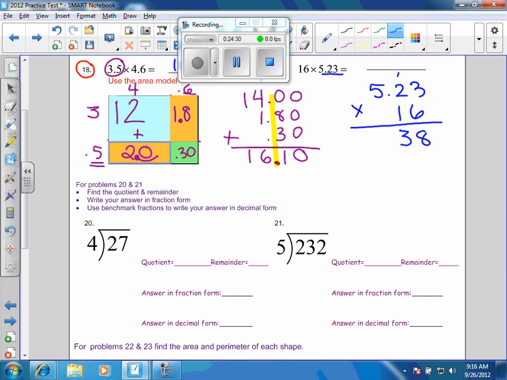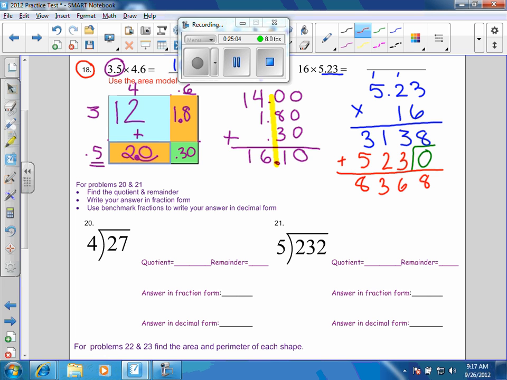That's right. Carry the 1. 5 times 6 is 30 plus 1. What happens next? Placeholder. Keep going. 1 times 3 is 3. 1 times 2 is 2. 5. Keep going. You're going to add 8, 6, 3.